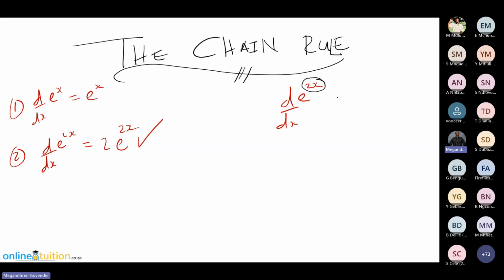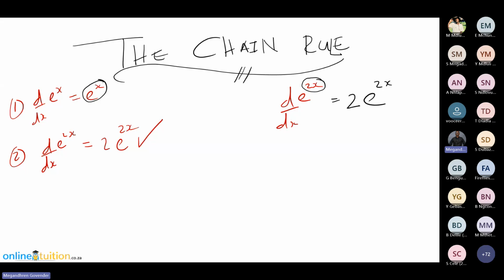The inner function is 2x. So you would differentiate 2x first, and I'm going to get 2. Then what is the derivative of e to the something? The derivative of e to the something is e to the something. And there's your answer.